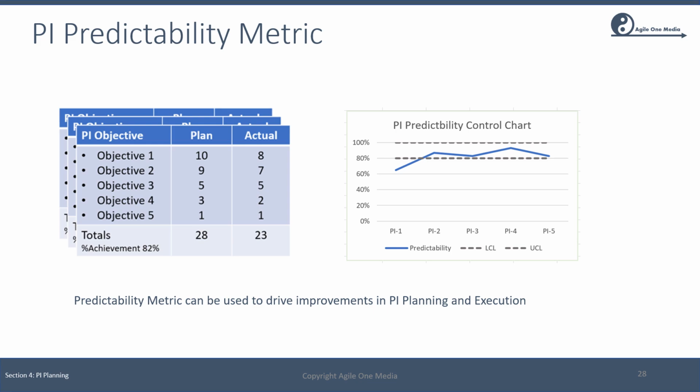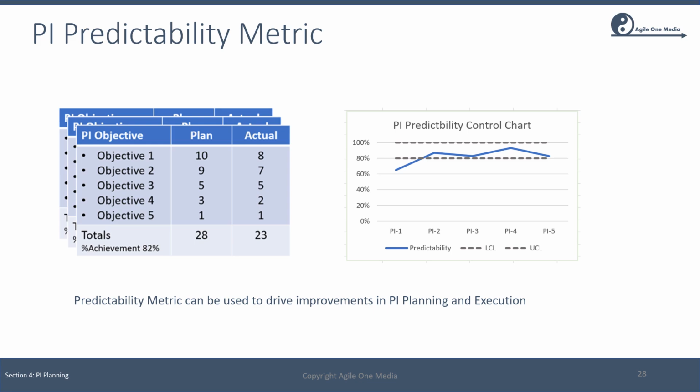So these scores are tracked over each PI on a simple control chart. And let's say the goal over time is to achieve a predictability metric score of, say, 80%. So then if a team is scoring lower than that range, then during the inspect and adapt part of the IP iteration, we should look at root causes of not achieving that score.